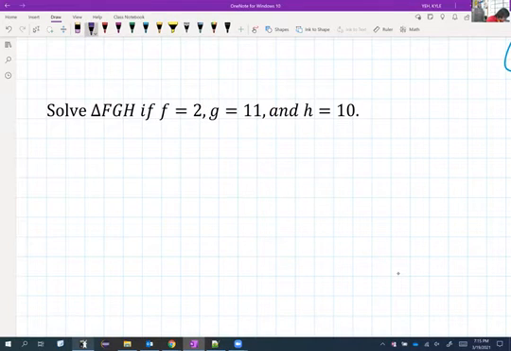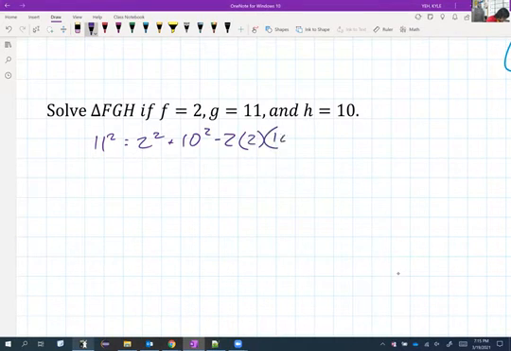So I'm going to come over here and say 11 squared equals 2 squared plus 10 squared minus 2 times 2 times 10 times cosine of angle G, because that's what I got by itself on the left. Now, unlike the previous problem, this is one where we do have to do a little bit of work on our own because we don't have everything on the right.